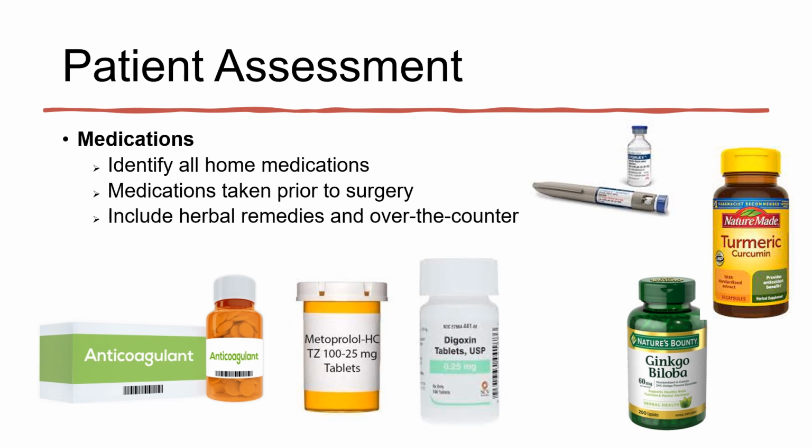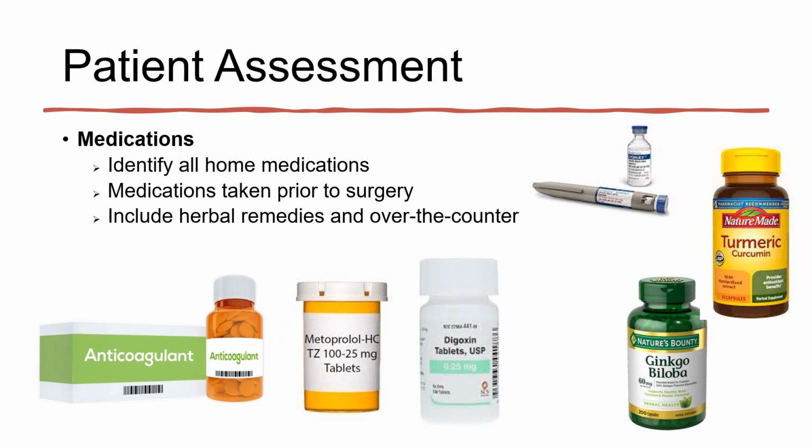If you look at this slide, you see I have some certain medications pictured here. Starting with the first picture, anticoagulants. Generally speaking, anticoagulants should be stopped about 48 hours before a surgery. Now this is textbook, just generalized.